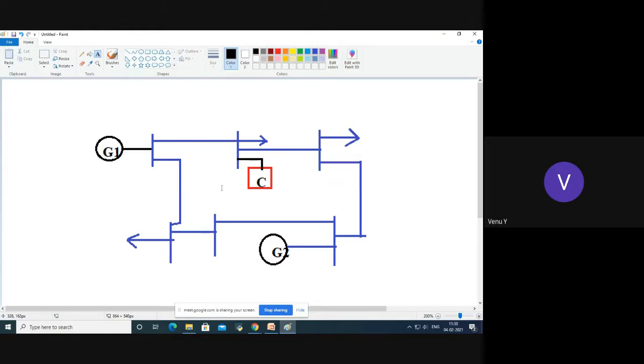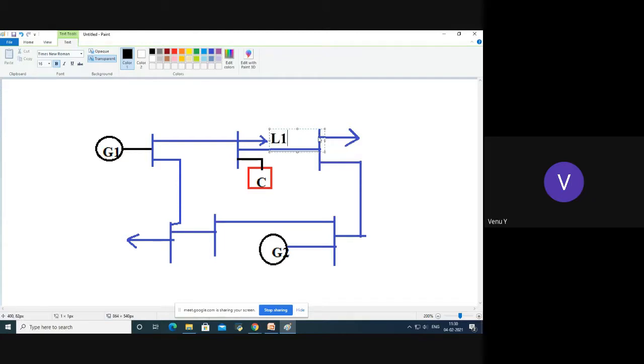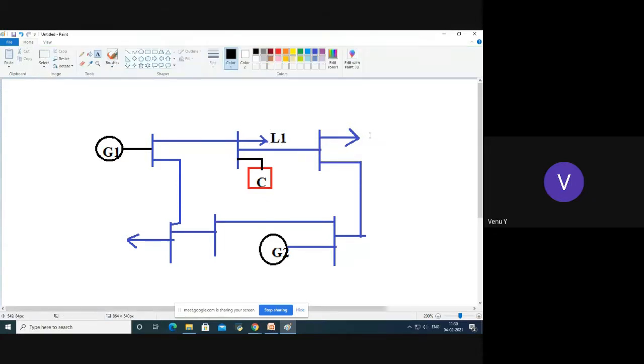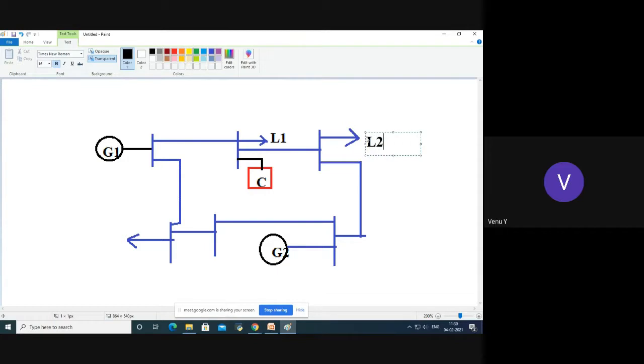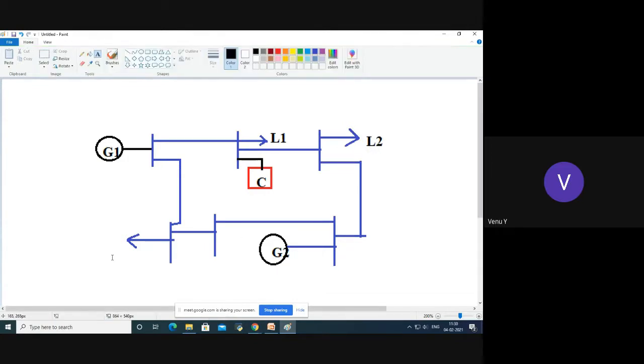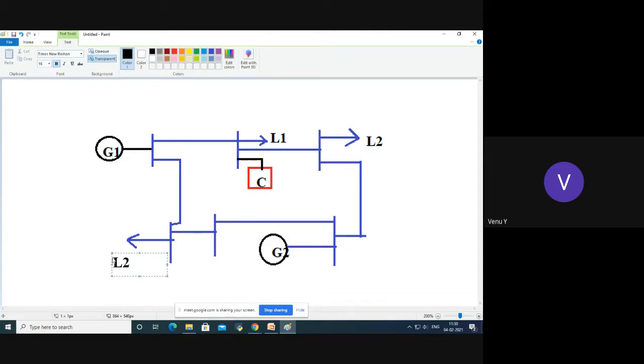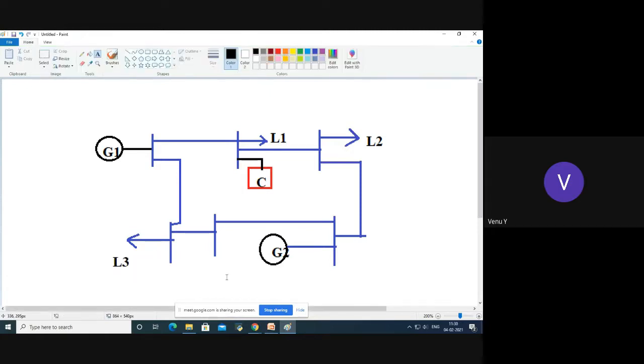So there are two generators and many loads, one, two, three loads, and all are connected with the help of lines. So this is L1, L2, L3. At load 2, you place the compensator. By placing this compensator here, not only this part of the system, the other parts of the system will also be affected.